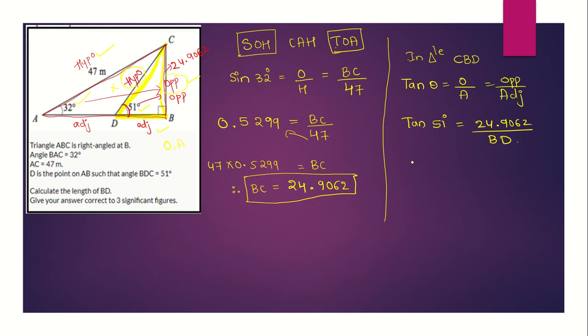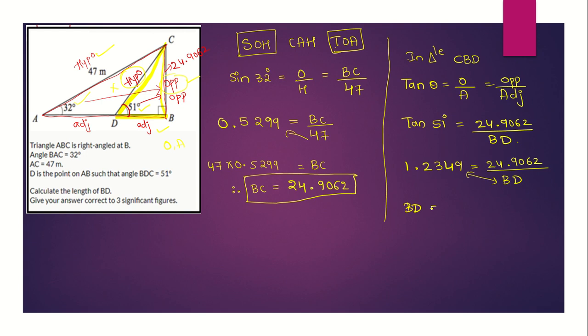So in the calculator again, we are going to calculate the value of tan of 51 degree, that is 1.2347. So I'll round it to fourth decimal place, that is 1.2349, which is equal to 24.9062 divided by BD. Now I want the value of BD, so just reverse this, send it to the numerator, bring it to the denominator.